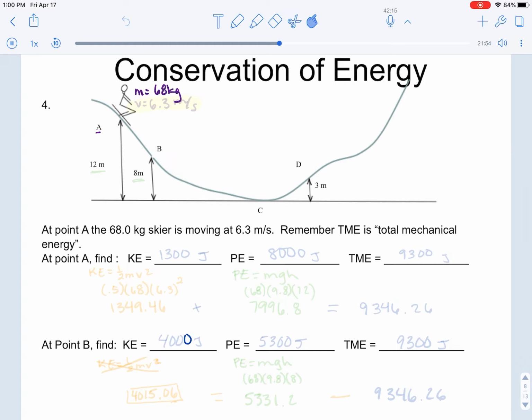68 kilograms. It has a velocity. The skier has a velocity of 6.3 meters per second. Okay. Number one, if you read this and you say, okay, at point A, KE equals 0 joules, that's wrong.